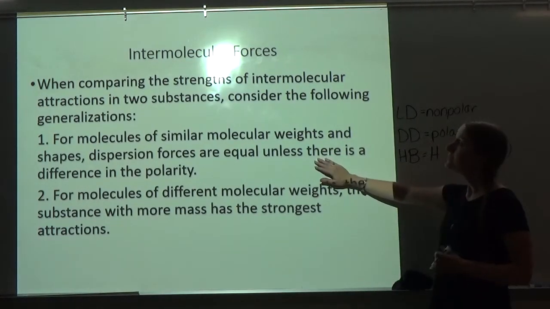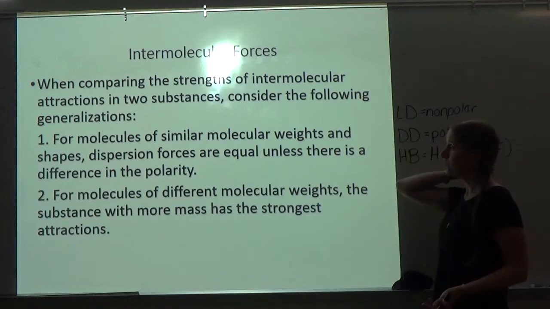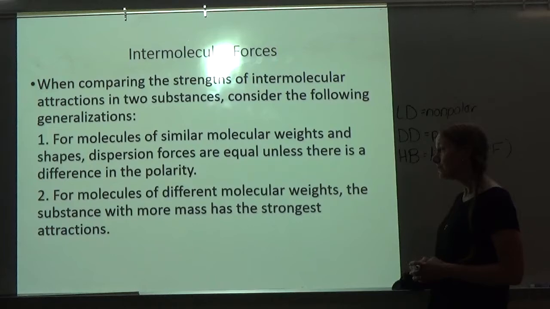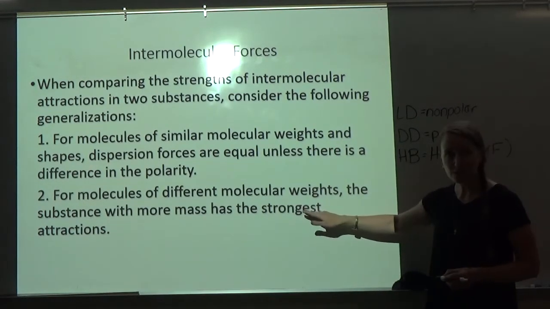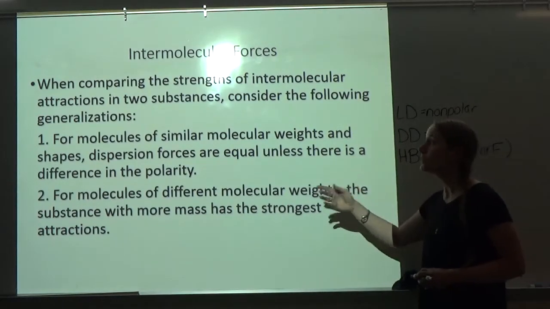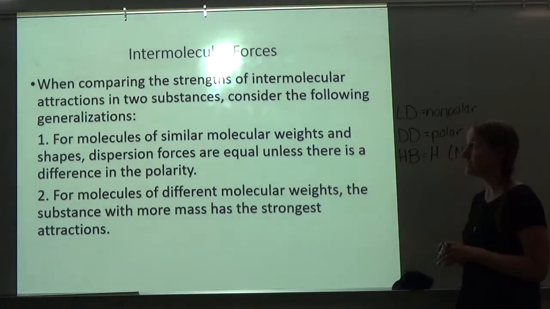For molecules with similar molecular weights and shapes, dispersion forces are equal unless there is a difference in polarity. For molecules of different molecular weights, the substance with more mass has the stronger attractions. So your intermolecular forces are based on mass, so the more massive molecules have more intermolecular forces, or they're based on the polarity difference, the difference in the electronegativities.